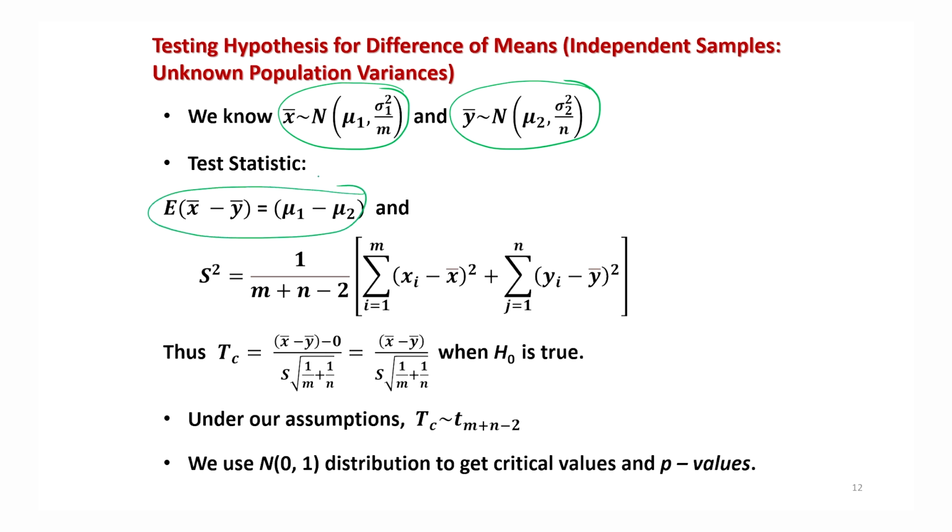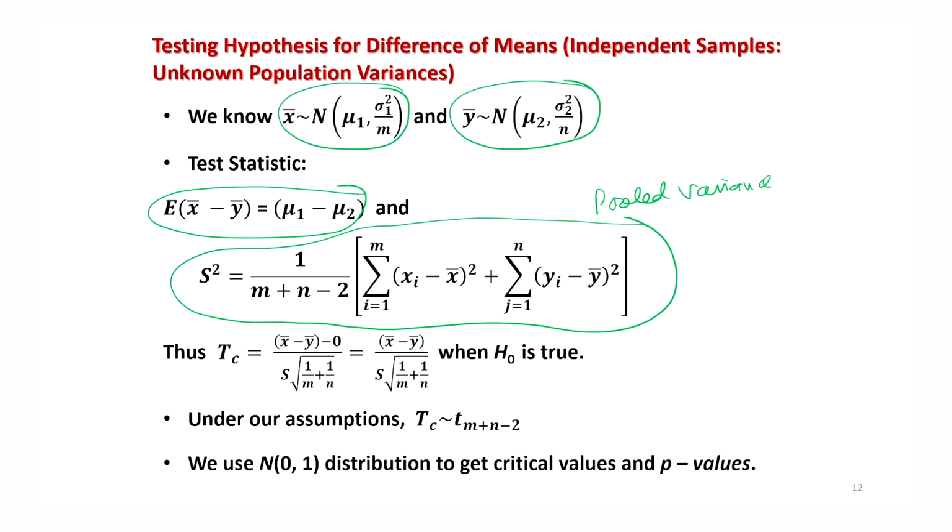And now we try to estimate the variance as the pooled variance. How to do it? We estimate the variance sigma square by this expression, 1 upon m plus n minus 2, and then inside the brackets, summation xi minus x bar whole square plus summation yi minus y bar whole square.